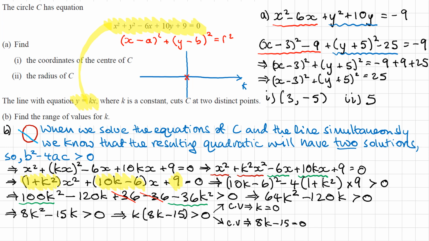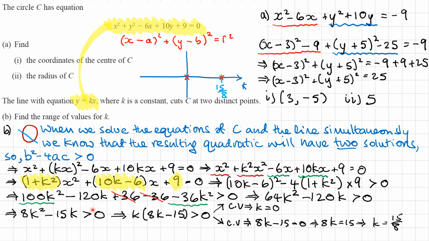So from that I will get 8k is equal to 15, and then k is equal to 15 over 8. So I'll mark that here as 15/8. Okay, so I've got my two critical values.